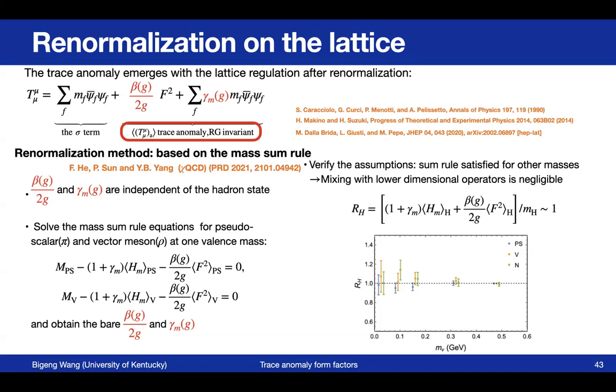If there is no significant contribution from the mixed lower dimensional operator, then this ratio should be approximately 1. So that's what we have observed for various valence quark masses on the lattice. So that's why we can think that all these coefficients calculated for these operators are relatively reliable to be used.